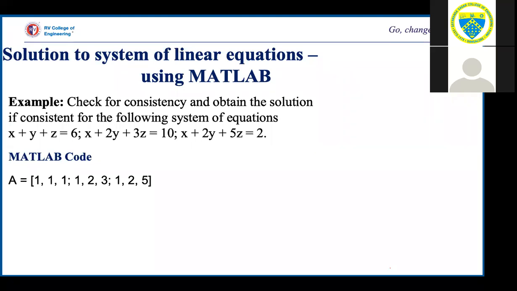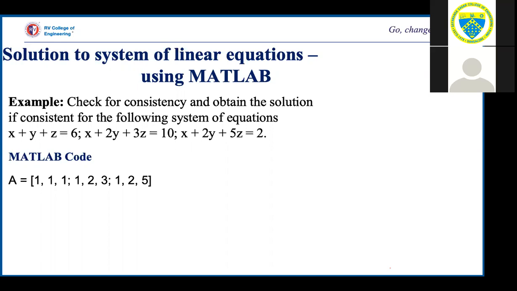First of all, you have to give the coefficient matrix. Let us do one example slowly. The coefficient matrix will have the elements 1, 1, 1 in the first row, 1, 2, 3 in the second row, 1, 2, 5 in the third row. I am separating each element in a row by a comma and each row by a semicolon.